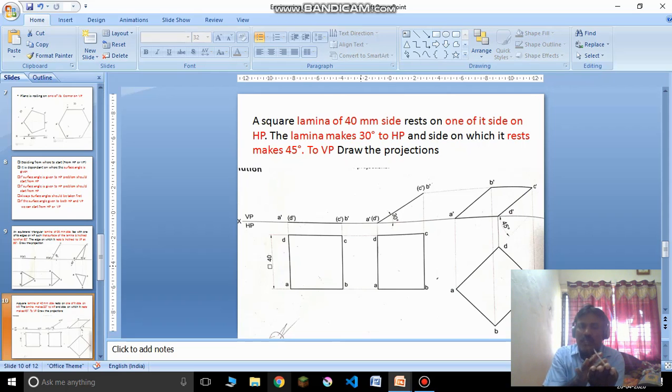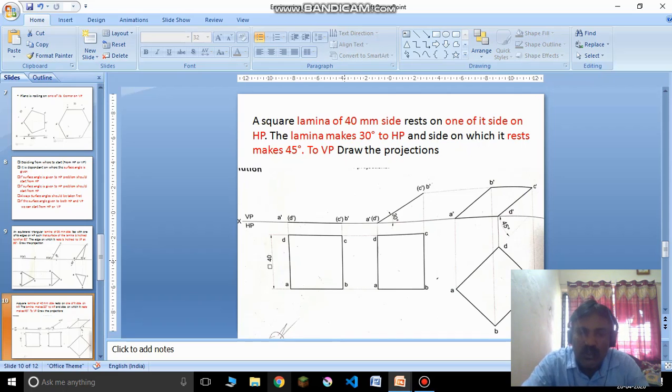You can see here this angle is 30 degrees, and naturally this line in the front view will also go for 30 degrees. I hope all of you understood.